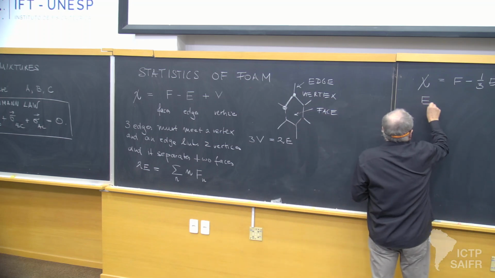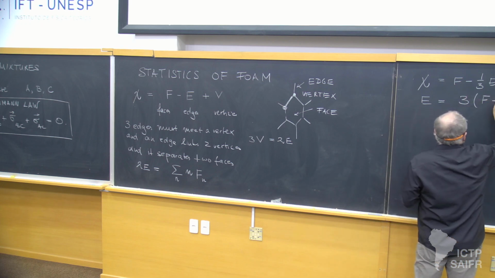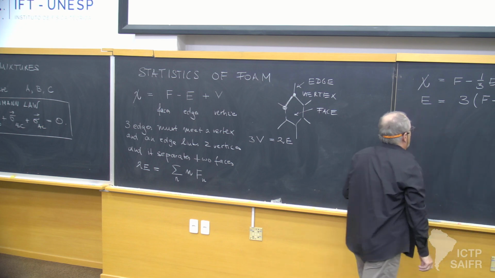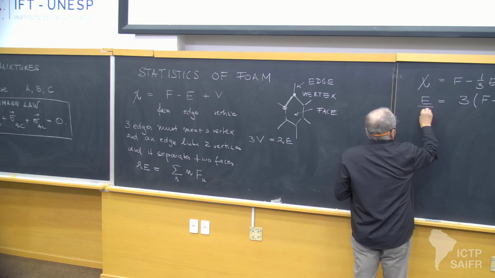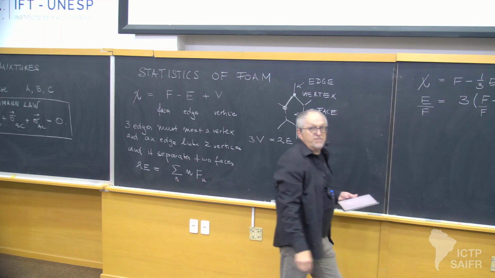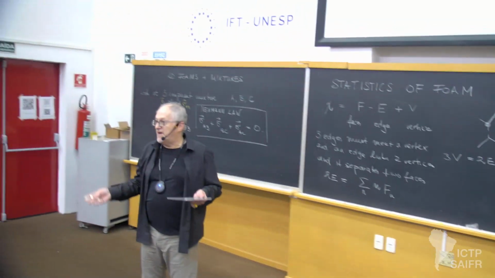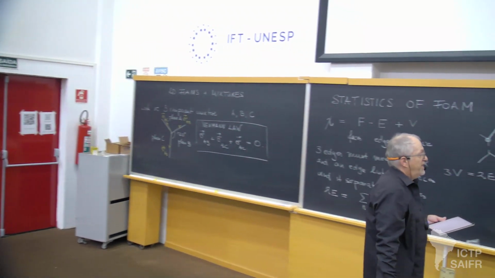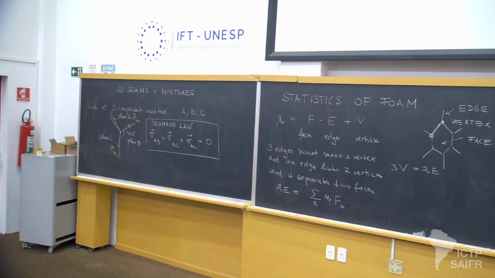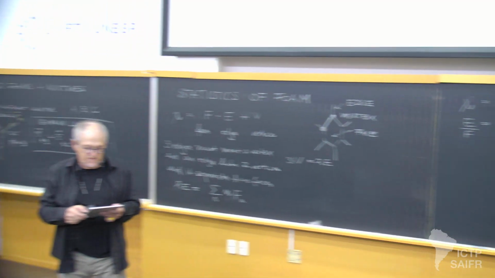As I rearrange that, I have the number of edges is 3 times the number of faces minus the topological invariant. Let me divide this by f, and take the limit of a large system size where you have many, many faces and basically an infinite number of faces. So as f goes to infinity, this is 3. The ratio of edges to faces is 3.